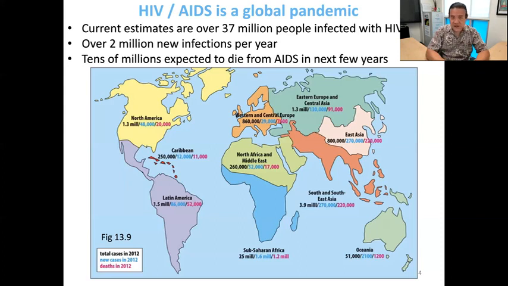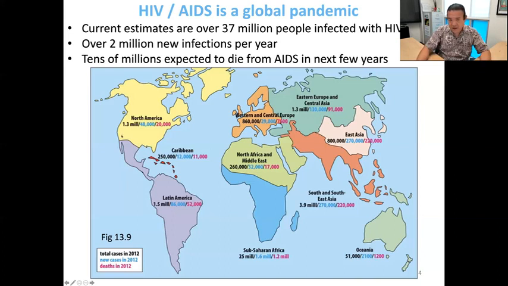So the current estimates are that there's close to 40 million people infected with HIV. We expect something on the order of 2 million new infections per year, and tens of millions of infected individuals are expected to die from AIDS in the next few years. Look at the distribution of HIV and AIDS across the globe.